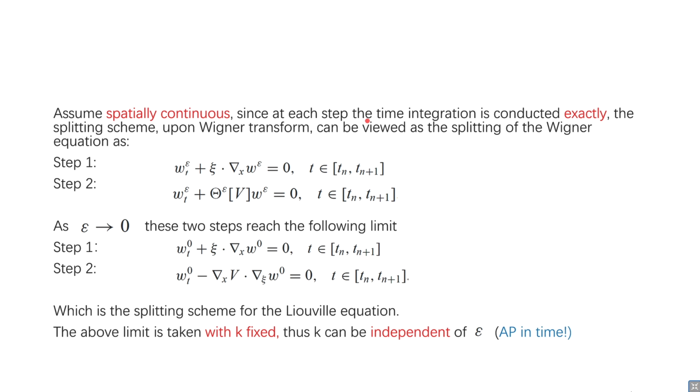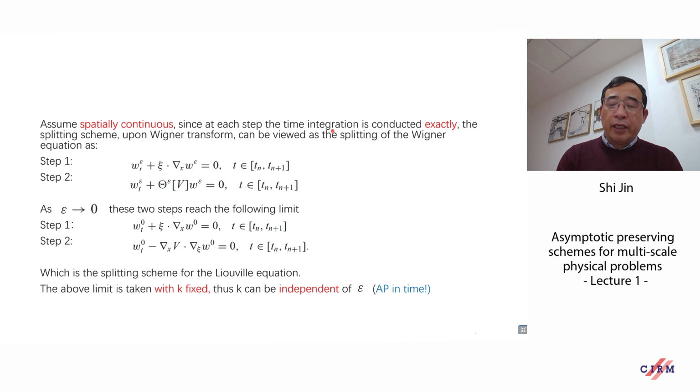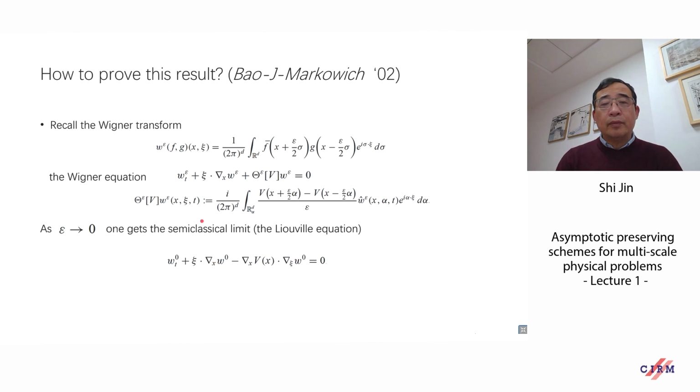exactly. So in the sub-step of the splitting, we have no error in time, which means if I take a Wigner transform on this splitting method, that corresponds to, the splitting on Schrodinger corresponds to splitting of this Wigner equation.